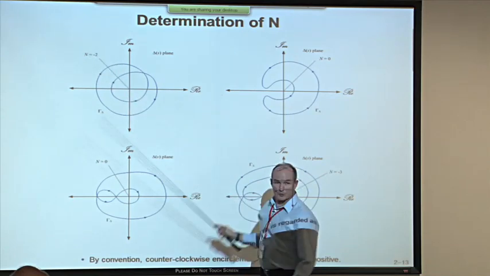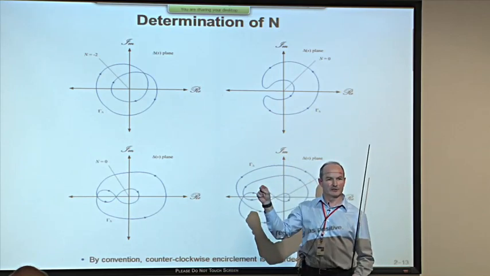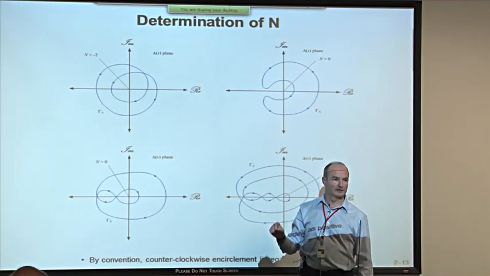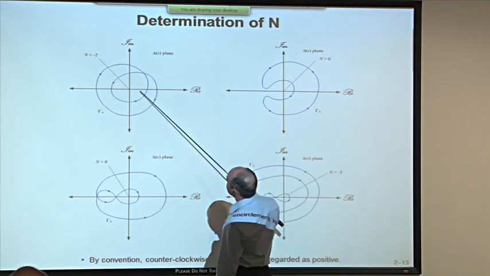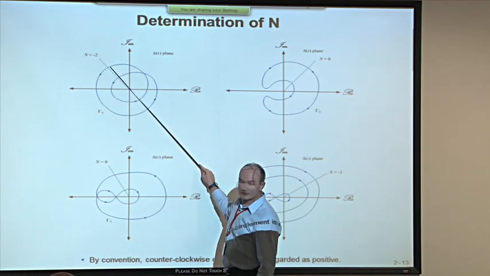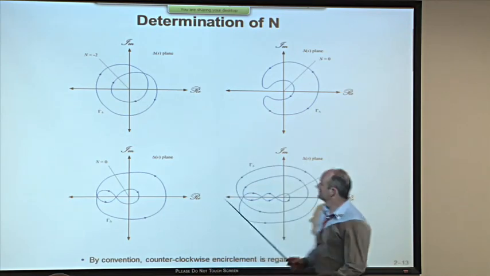And what you do then is each time you cut a contour in the counterclockwise direction, you count +1. So for counterclockwise, associate that with positive, and for clockwise, associate it with negative. So here you're going clockwise, that's -1. Clockwise again, that's -2. So this contour encircles the origin -2 times.